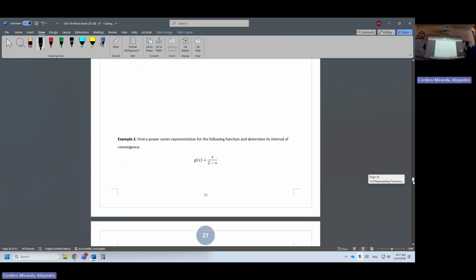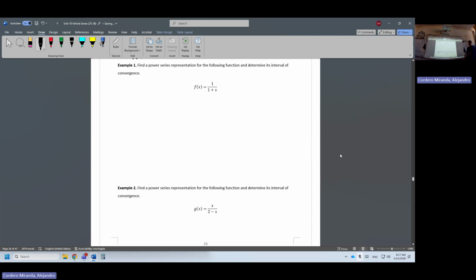And now here's example 1 that says, based on what you know about the fact that this series equals that function, can you find a series that represents this function without having to do f of 0, f prime of 0, f double prime of 0, etc.? Can you think of a way to edit this series to get to this series?